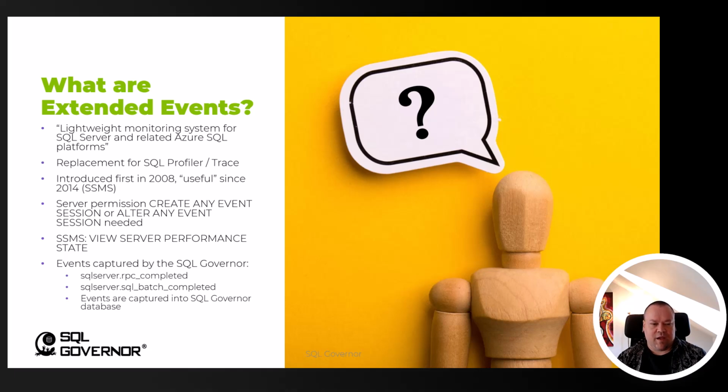It needs the server permission to create any event session or alter any event session. And then this is from 2022, if I remember correctly, the SSMS view server performance state. It means that if you want to review those events that you captured in SSMS, you need to have the view server performance state permission.